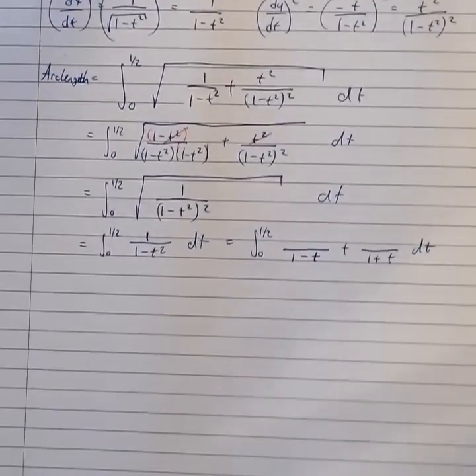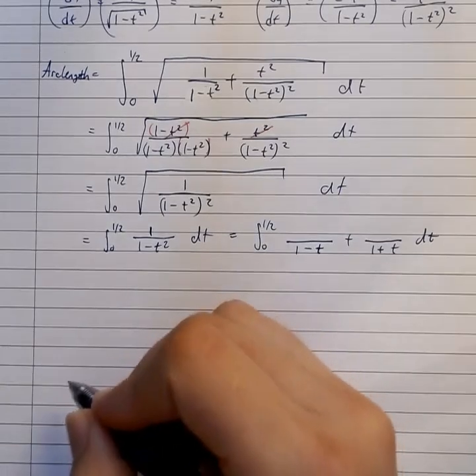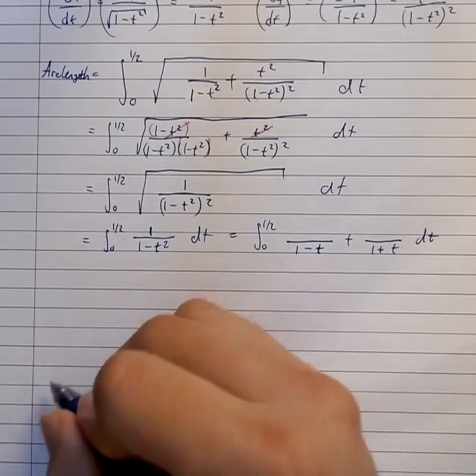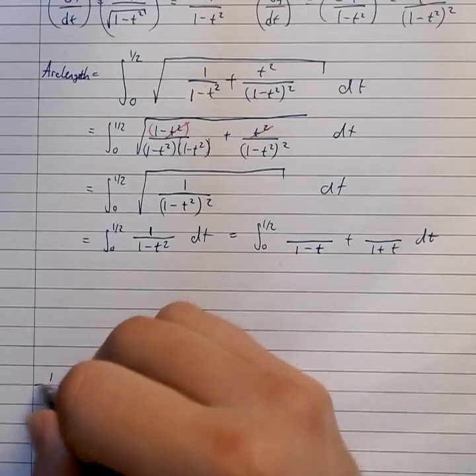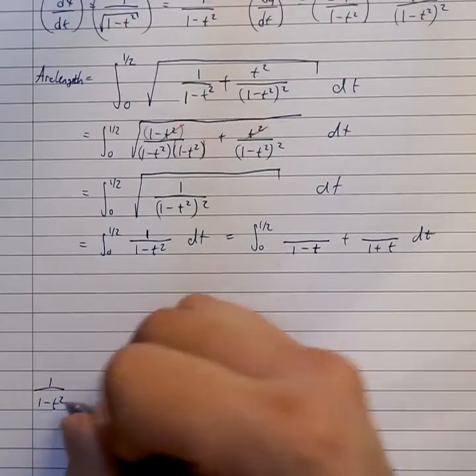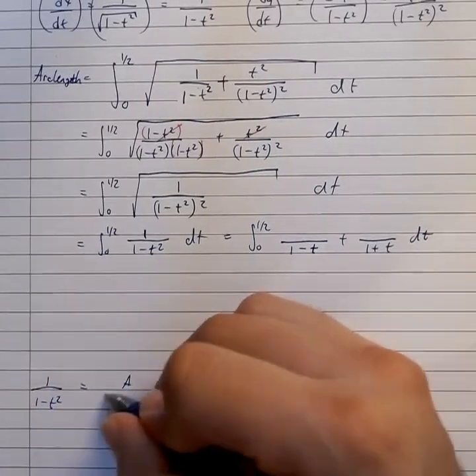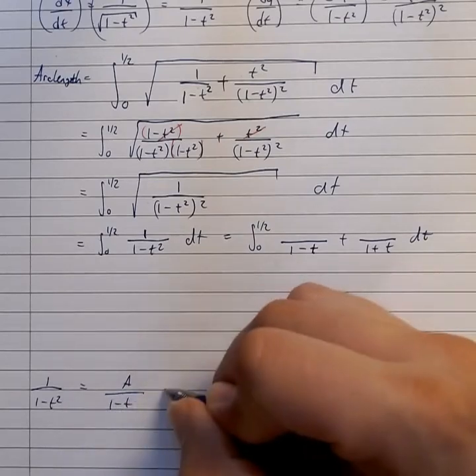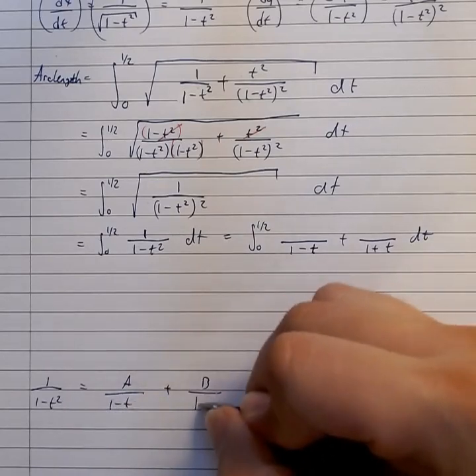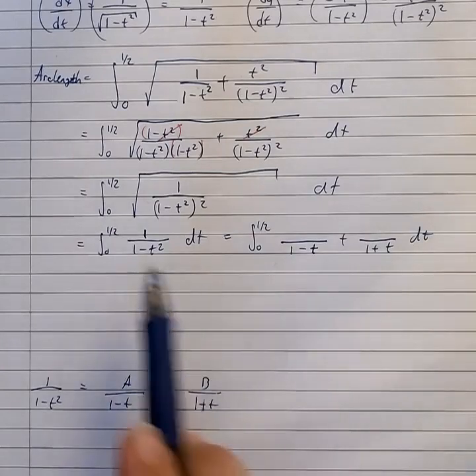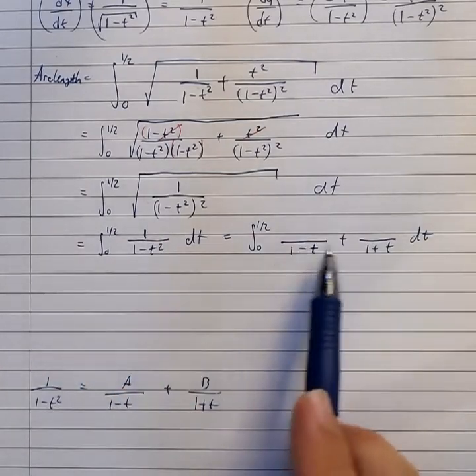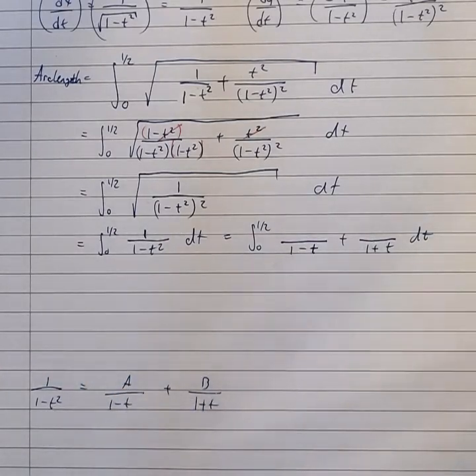Here I just need to find what those numerators are. Let's do a quick partial fraction decomposition down here. Here if I have 1 over 1 minus t squared equal to A over 1 minus t plus B over 1 plus t. All right. That has to equal the sum of this and this with some constant numerators.